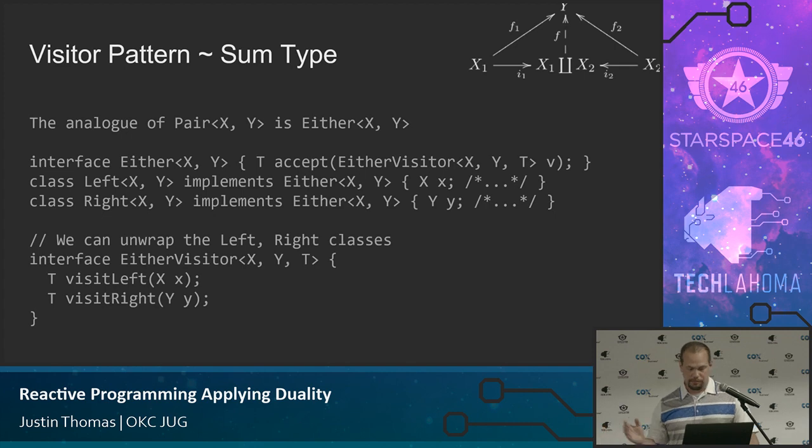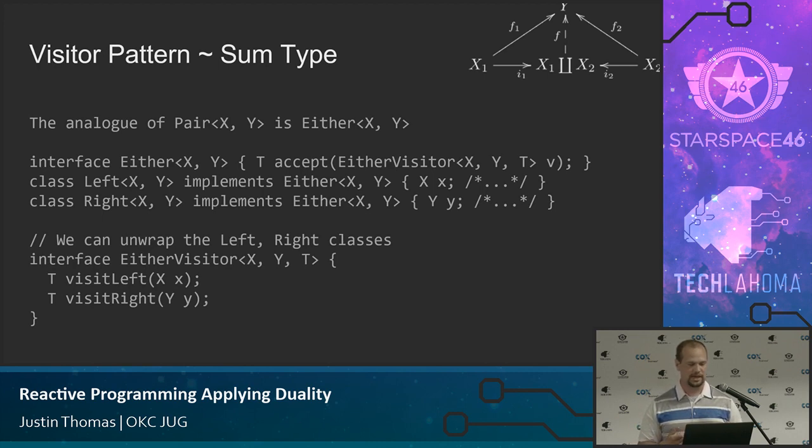So the point is you can do X or Y and you can do it generically. I don't have to write a new visitor pattern every time I want to do an or of two things. So I can have an either X, Y, and then it's just a bunch of boilerplate from here. Pair is generic, so I have a get left and get right in pair.